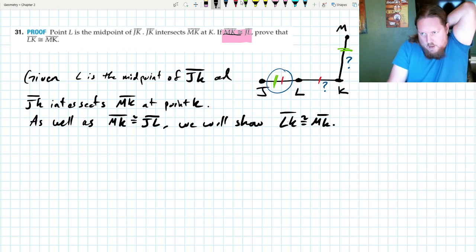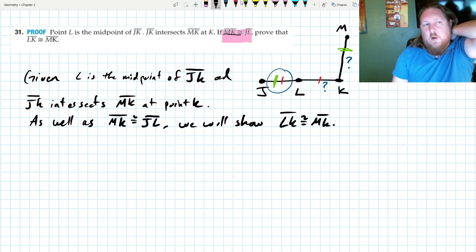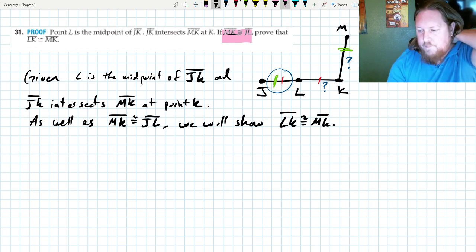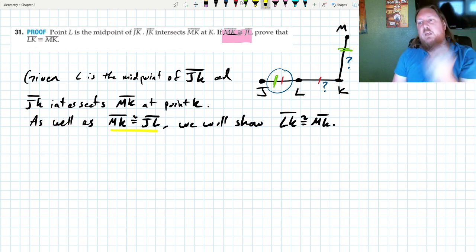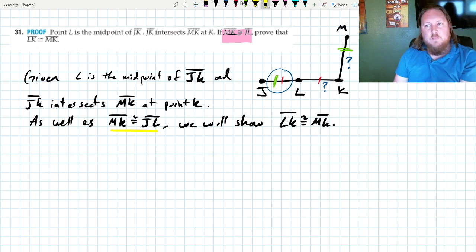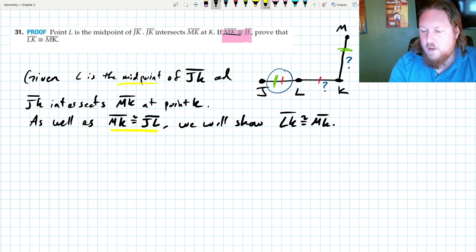So, we already have one of our congruence statements. I'll underline it in yellow here. What we need is the other congruence statement, and we're going to get that from the definition of midpoint. So, what two segments are congruent because of the midpoint?